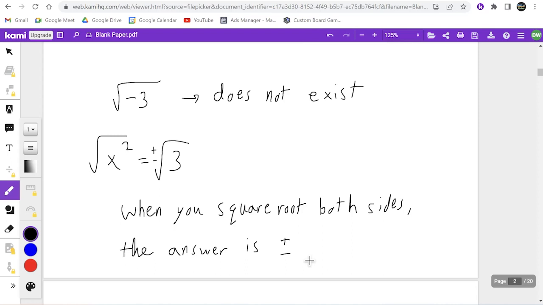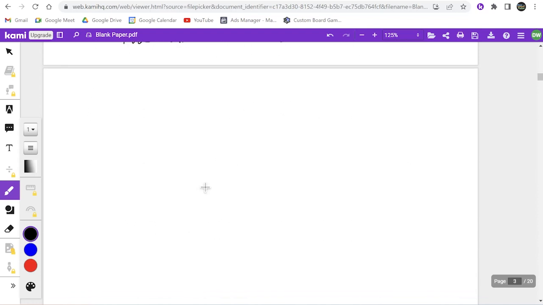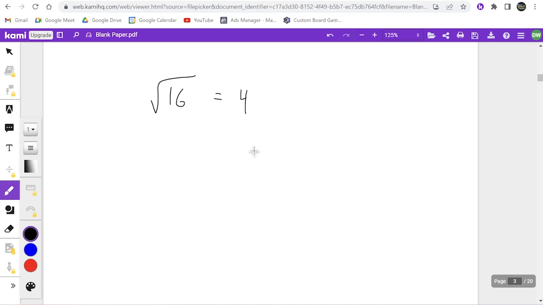And as always, for those of you watching the recording, I want you to be writing along as well. That's why I'm taking these pauses. And also why this is confusing is, let's just say hypothetically, I ask you, what's the square root of 16? You would say 4. You do not say plus or minus 4. And that's confusing because didn't I just say it should be plus or minus?